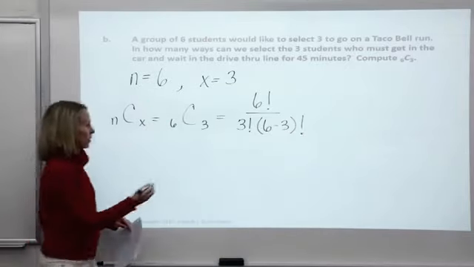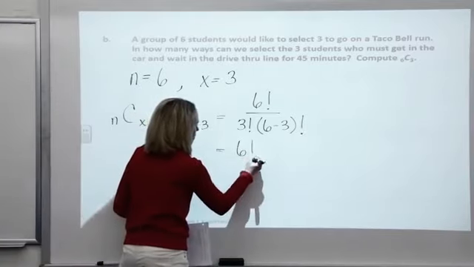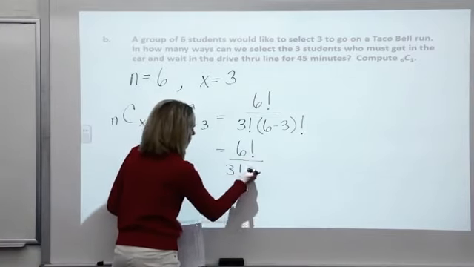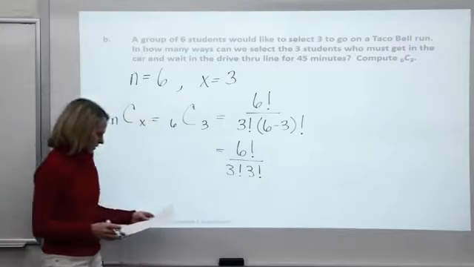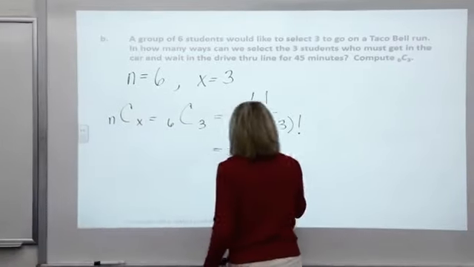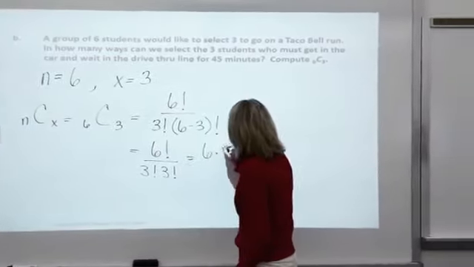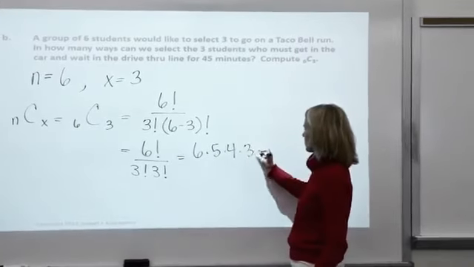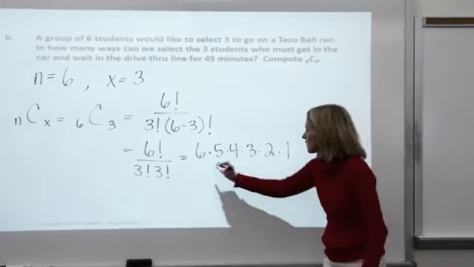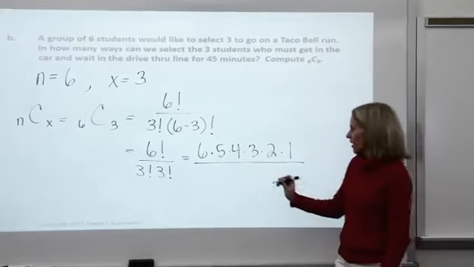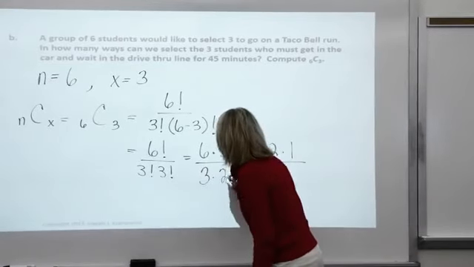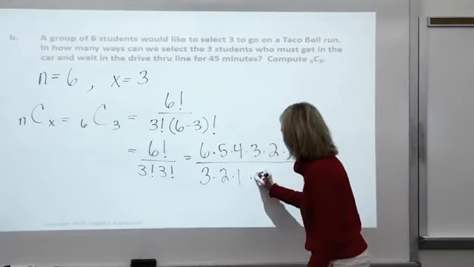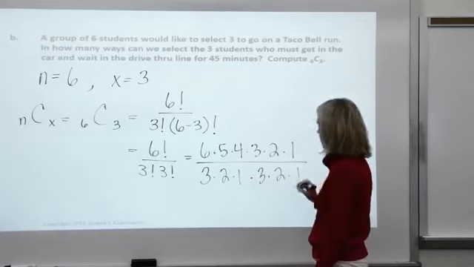And again, do what's in parentheses first. So the denominator becomes 3 factorial times 3 factorial. And then I can write these out again. 6 factorial is 6 times 5 times 4 times 3 times 2 times 1. 3 factorial is 3 times 2 times 1. Again, it's 3 times 2 times 1.